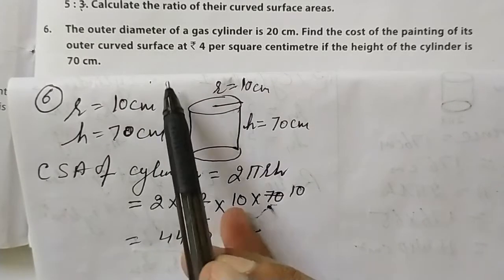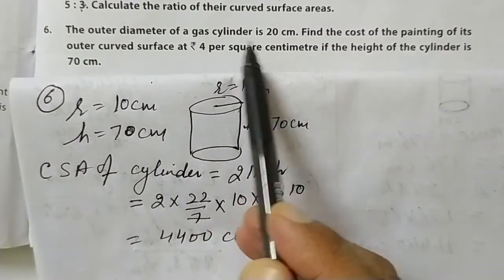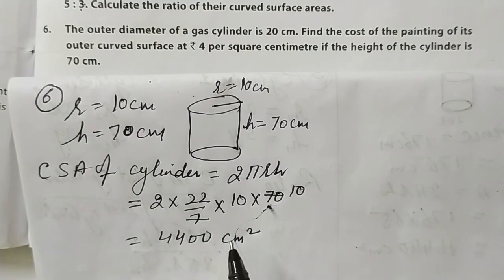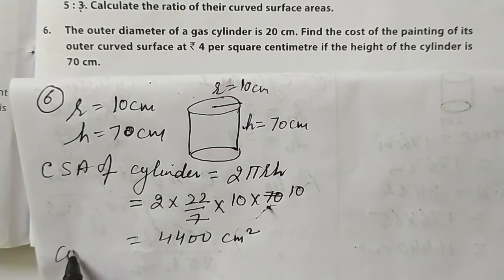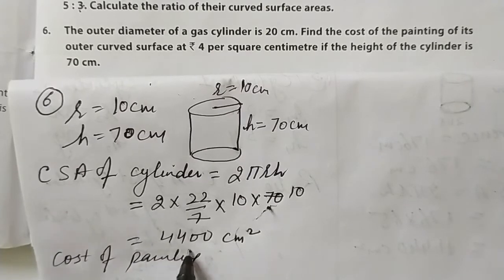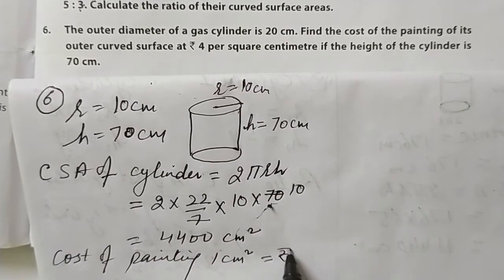Now let's talk about the cost. Cost of painting 1 centimeter square is rupees 4. So let's see what is the cost of painting 4400 centimeter squares. So we'll write here cost of painting 1 centimeter square area is rupees 4.